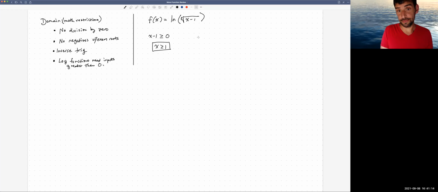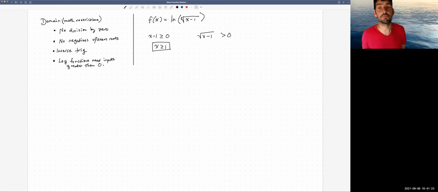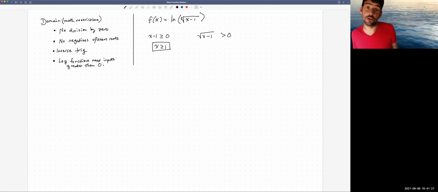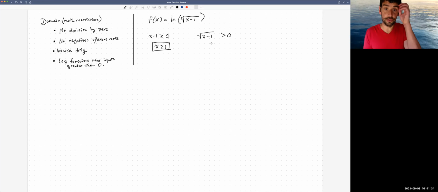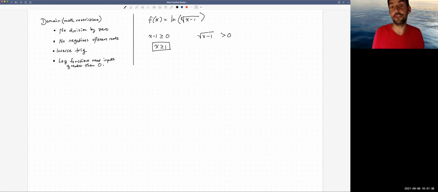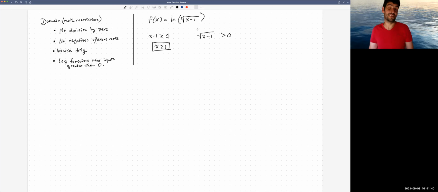We also need that this square root itself is greater than 0, right? Because otherwise natural log won't know what to do with it. Well, this part's simple because first of all, we know that this is going to be positive because it's the positive square root, right? This only spits out positive or 0 numbers.